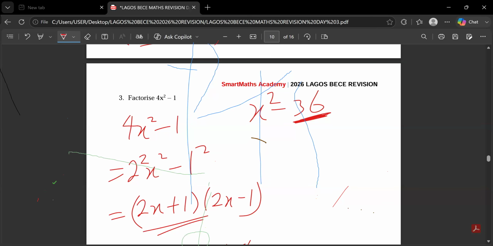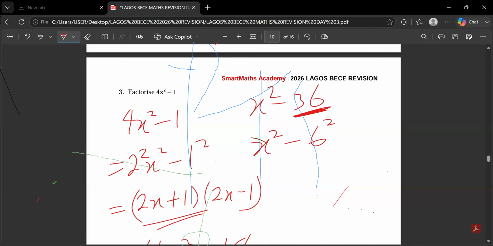So that means you are going to say x squared minus 6 squared. And this is difference of two squares. We have two terms that have square, then between them is a difference, which is minus. So the rule is that you add the numbers, that's x plus 6, then subtract the number, x minus 6. So that is it.